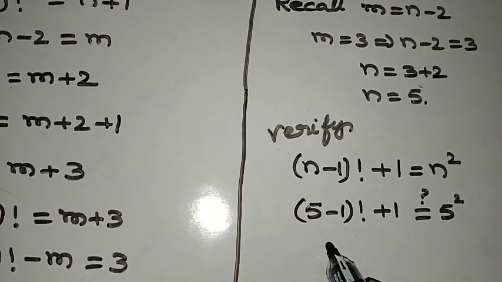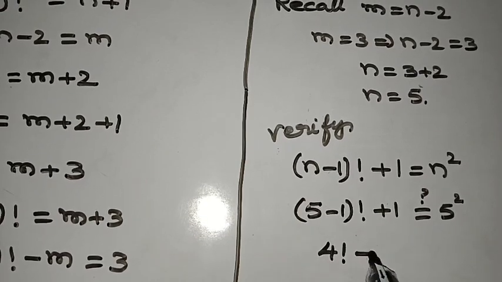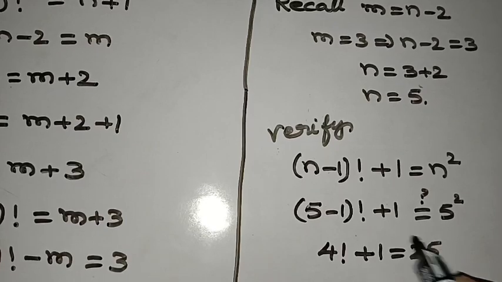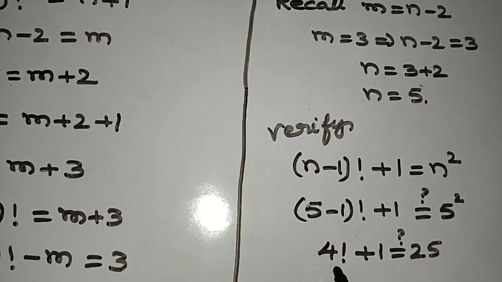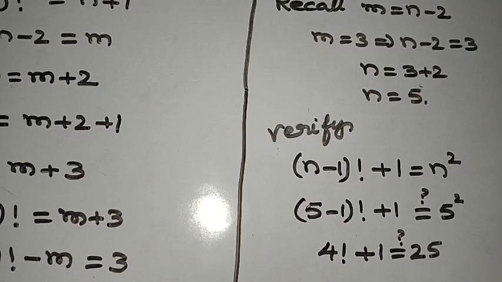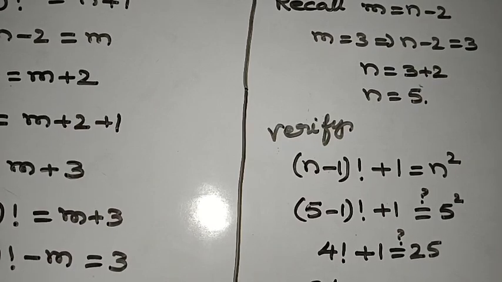So 5 − 1 is 4, and 4! + 1 is equal to 25 is true, that we have to check. 4! is 4 times 3 times 2 times 1. 4 times 3 is 12, 12 times 2 is 24. So 4! is 24.